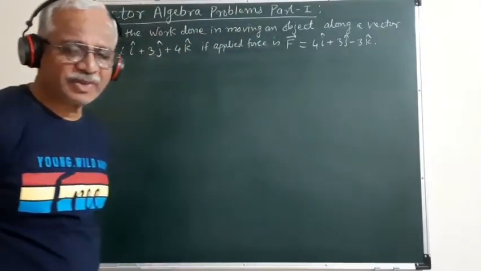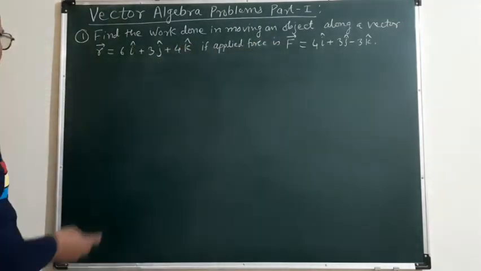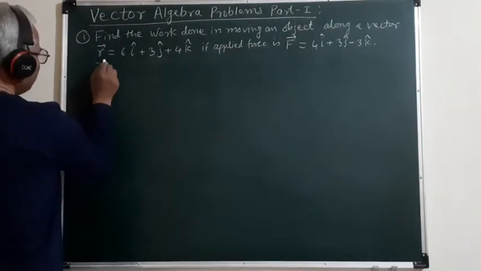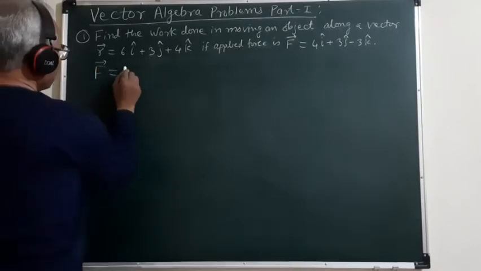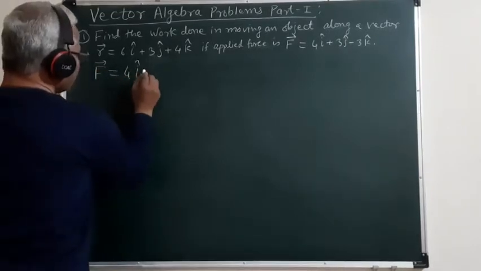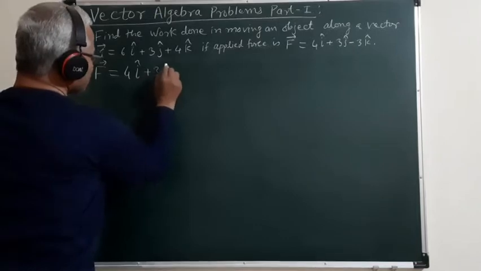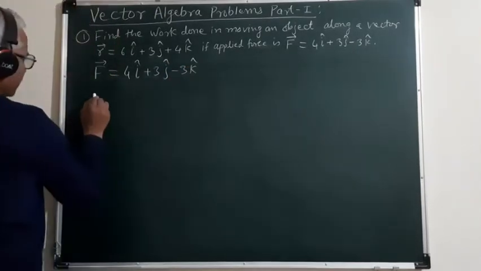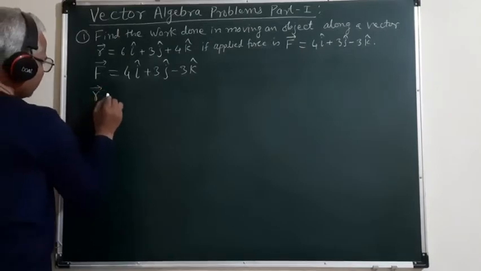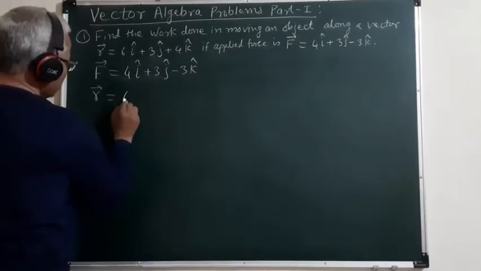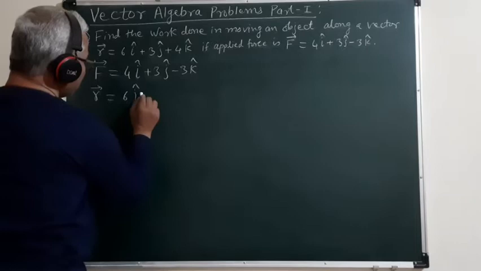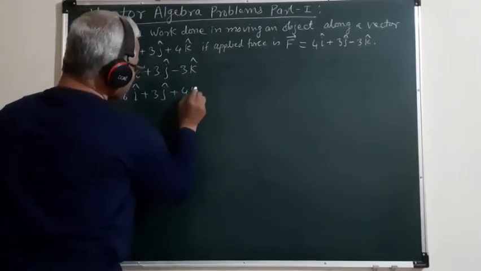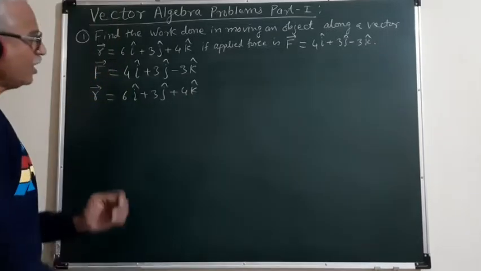So here we are given the force vector F bar to be equal to 4i cap plus 3j cap minus 3k cap, and the displacement vector r bar is given to be 6i cap plus 3j cap plus 4k cap.